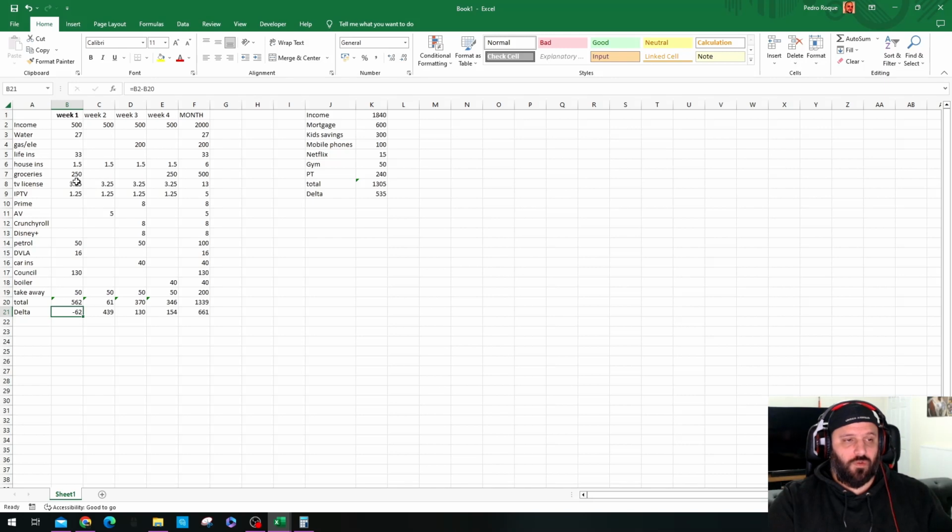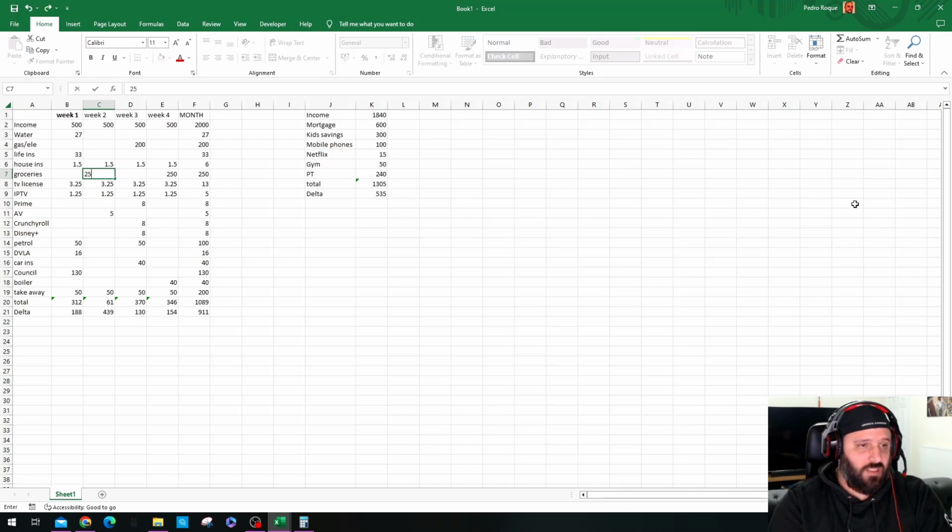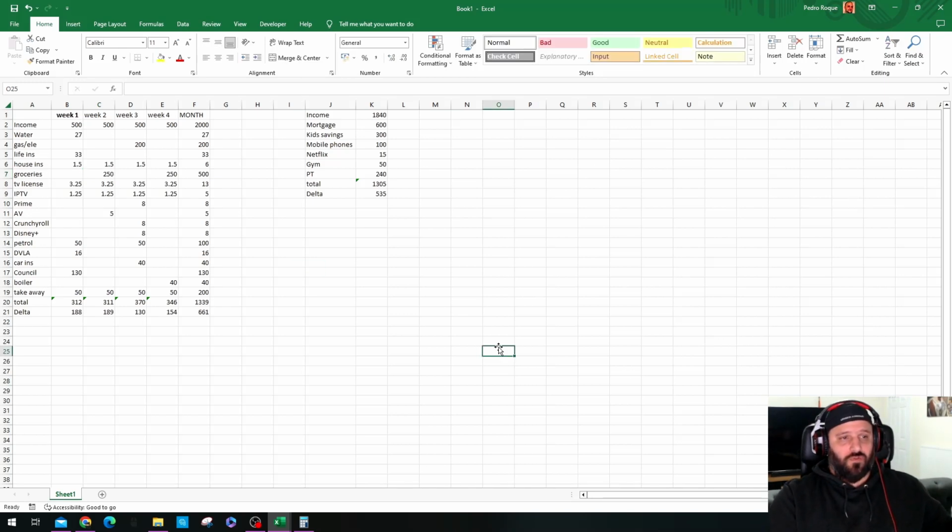So what you need to do is grab all your receipts, grab everything that you've got and put it into the worksheet. And then you can visualize where you're losing money, where the expenses are going, and where your money is going. And then you can call the companies and say, well, you know what?